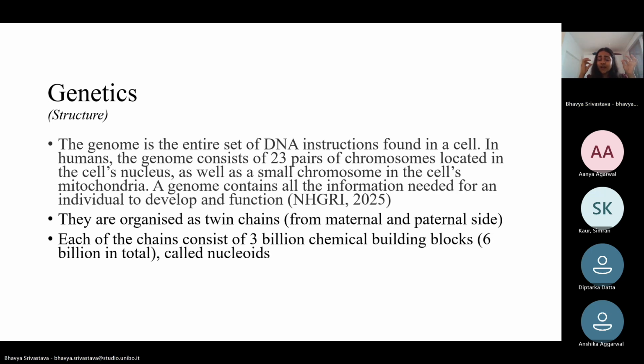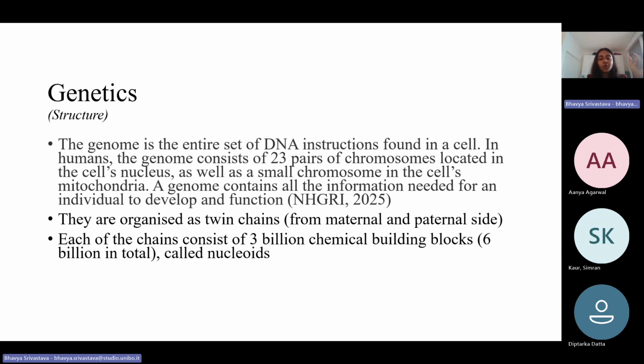A genome, going by the definition given by the National Health Organization in 2025, is the entire set of DNA instructions found within a cell. In humans, the genome consists of these 23 pairs of chromosomes, located in the cell's nucleus. They are also present in small quantity in the cell's mitochondria. A genome contains all the genetic information of an individual, and that's basically what the definition says.